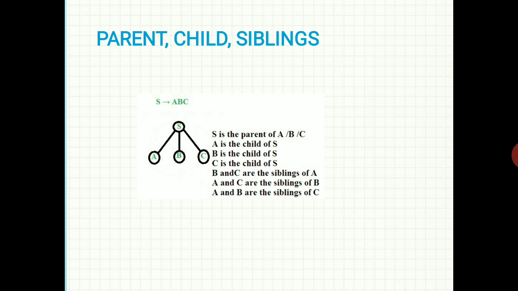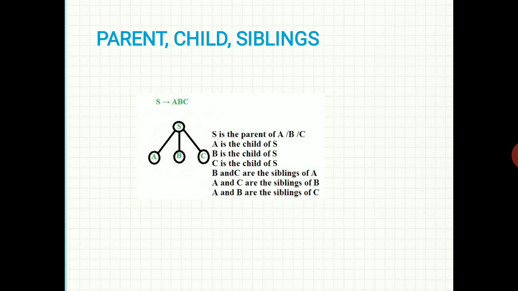From S there is an edge to A, from S an edge to B, and from S an edge to C also. So we can say that S is the parent of nodes A, B and C, or that A, B, C are the children of S.